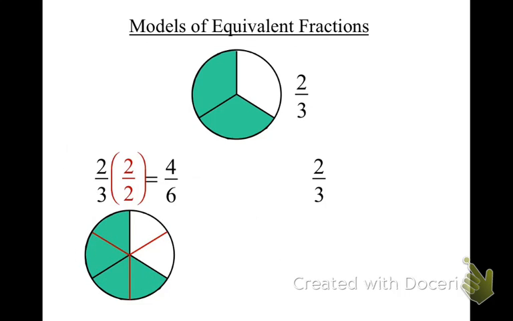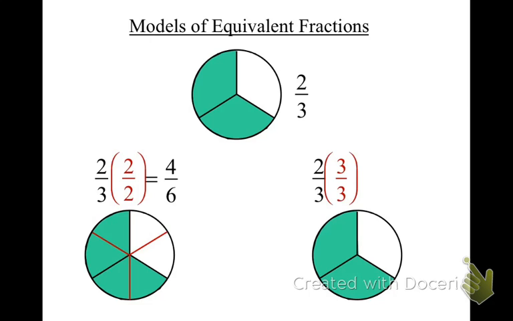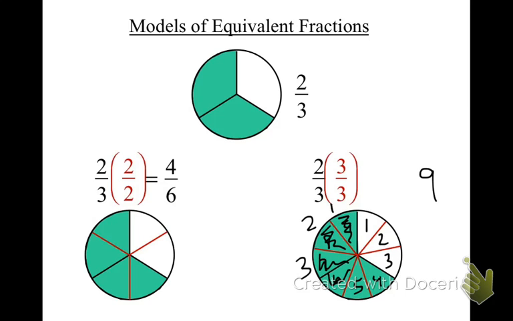Now, let's take our 2/3 and see if we multiplied it by 3. Let's see what happens to our model. Let's count our pieces. 1, 2, 3, 4, 5, 6, 7, 8, 9. I have 9 pieces. 1 piece is colored, 2, 3, 4, 5, 6.